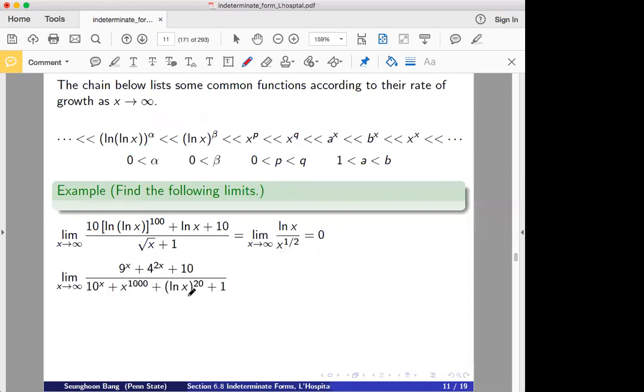So let me see. What do you think? You can think about it. What is the answer? So by using this chain. So what do you think? What is the answer? Could you write your answer on the chatting board for this problem?